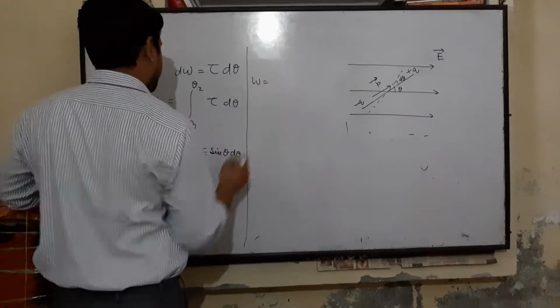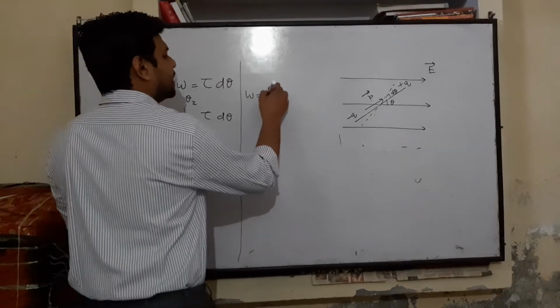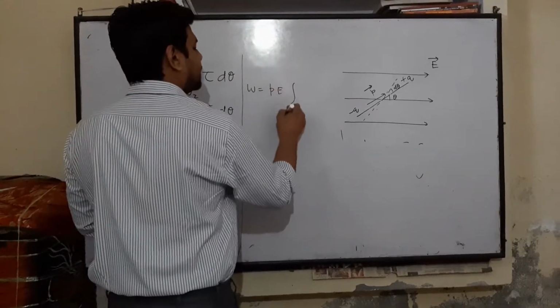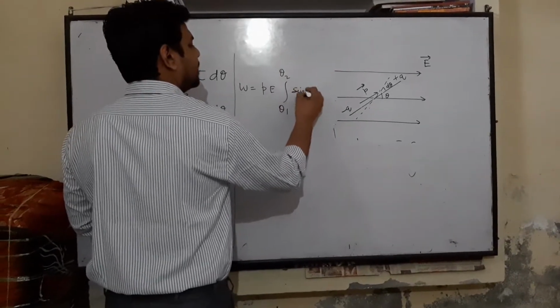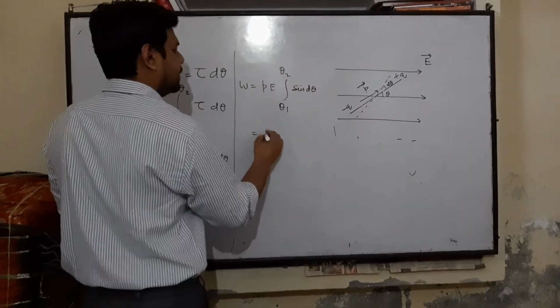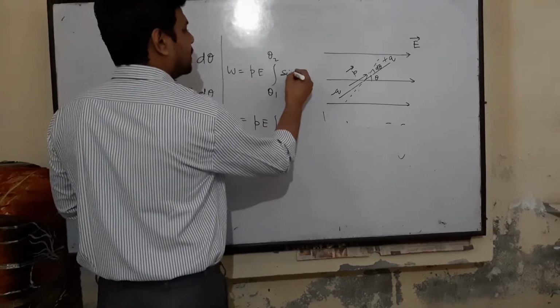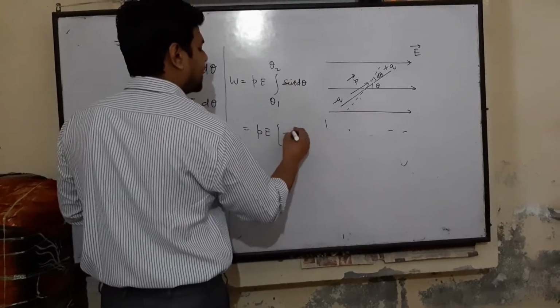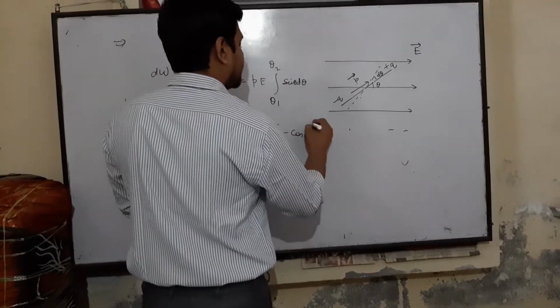P and E are constant, so we take them outside the integration sign, and sin theta is integrated. The integration of sin theta d theta is minus cos theta, from theta 1 to theta 2.